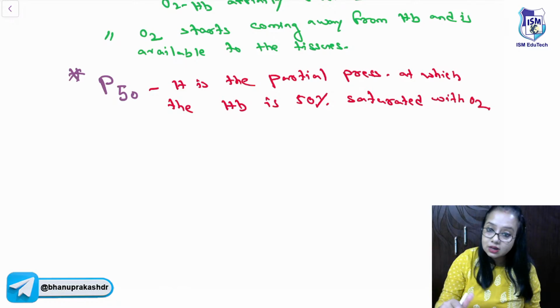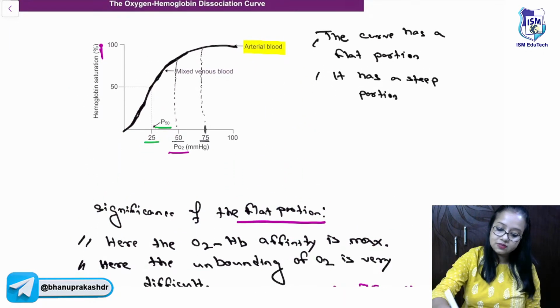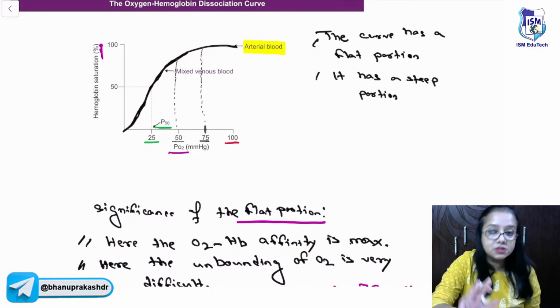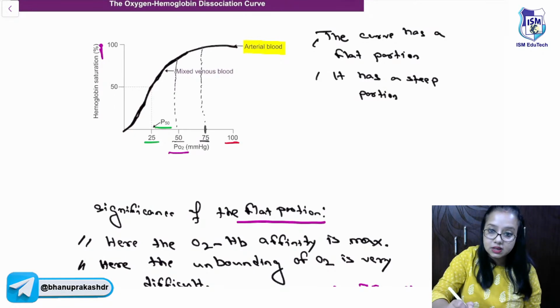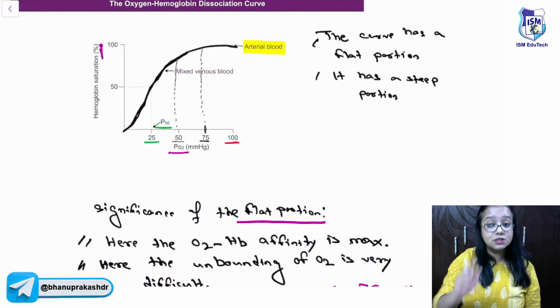Now, we may think, we have seen that at 100 mmHg there is 100% saturation. So if we go by mathematical calculation, at a partial pressure of 50 it should be 50% saturated. No, it does not happen like that.